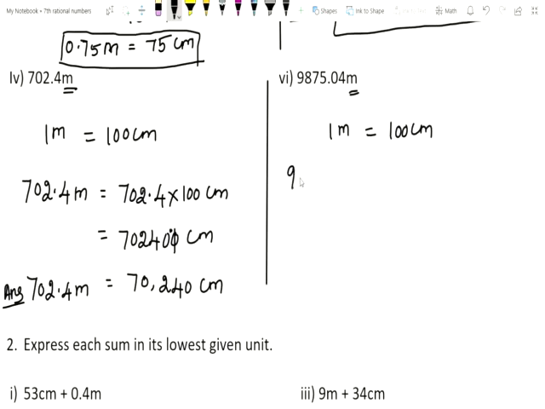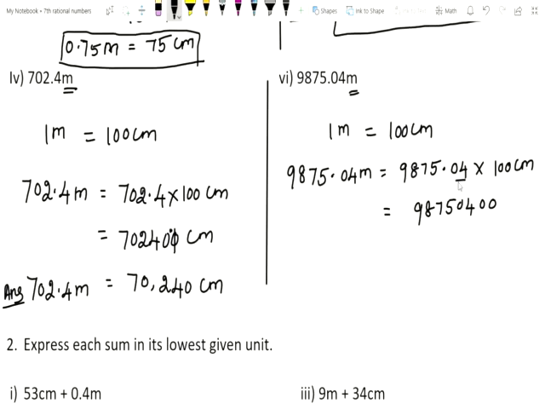So 9,875.04 meter equal to 9,875.04 into 100 centimeter. So 9,875.04, 2 zeros you put it.